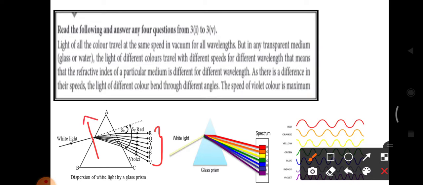If you take a vacuum, the refractive index is different from the medium glass. So according to the refractive index of the medium, the different colors travel with different speed for different wavelength.